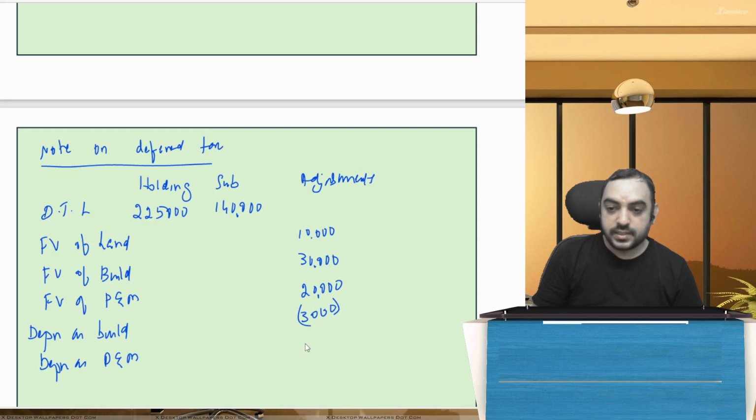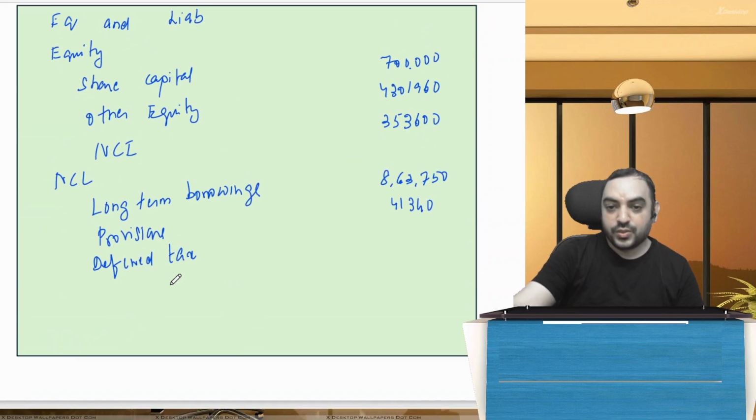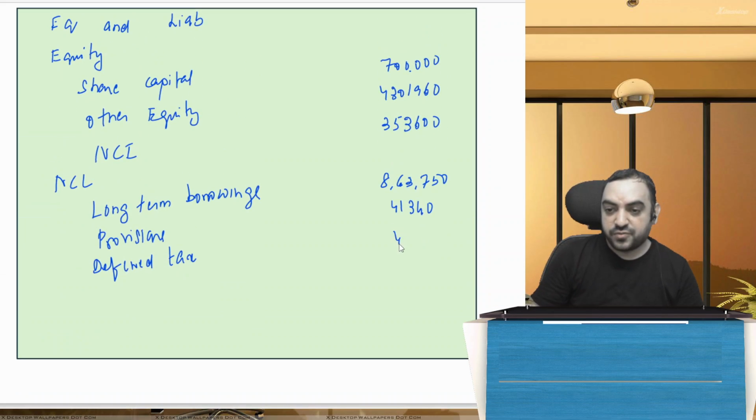Okay, so on a net basis, 2,25,000, 1,40,000 plus 10 plus 30 plus 20 minus 3 minus 15, you get 4,07,000. So deferred tax liability 4,07,000.